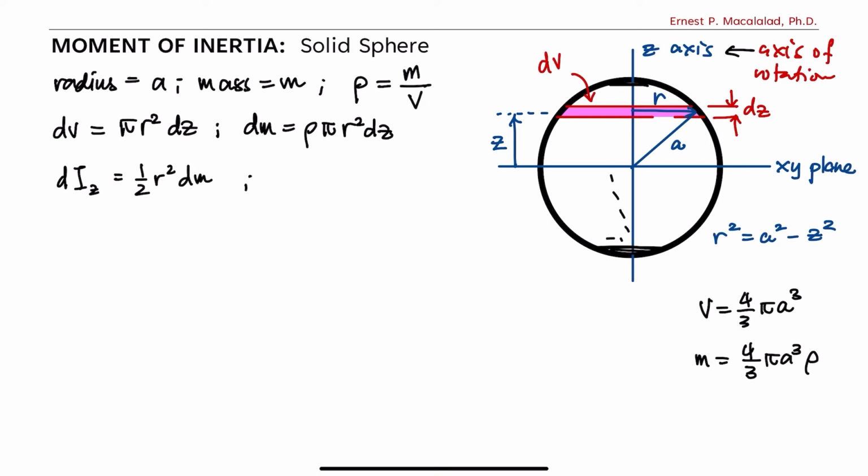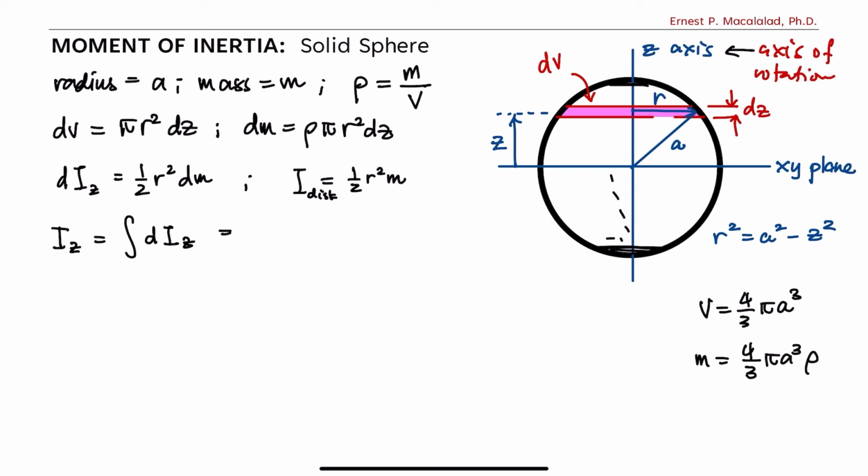Taking note that the moment of inertia for a disk rotated about the z-axis would be equal to 1/2 r squared times m, where r is the radius of the disk. But for an infinitesimal disk, it will be dI_z. Therefore, the total moment of inertia about the z-axis will just be the sum of all the individual moments of inertia of each of the infinitesimal disks that we defined earlier.